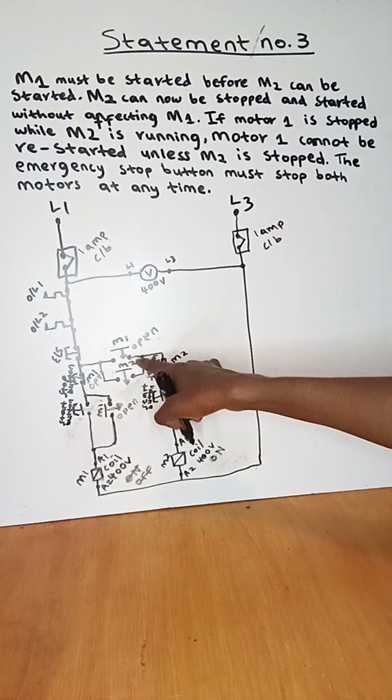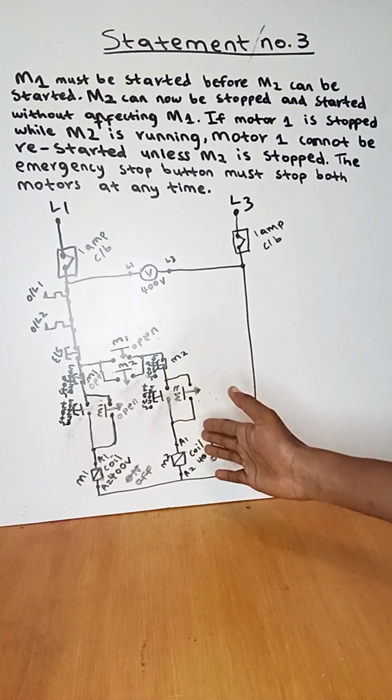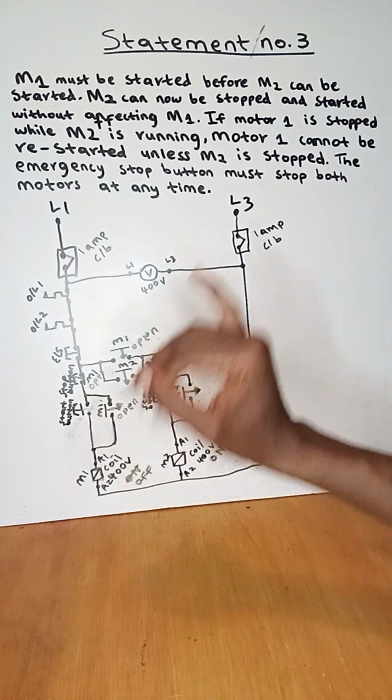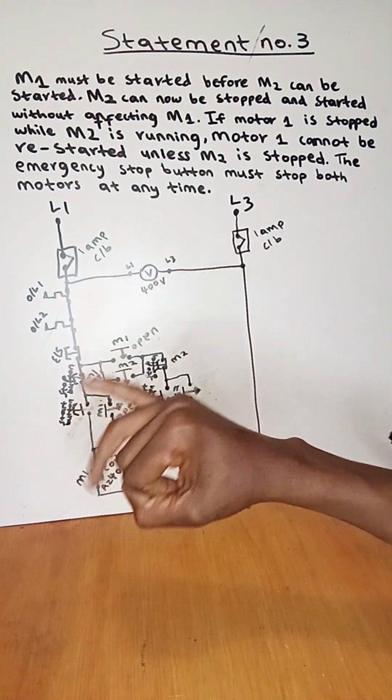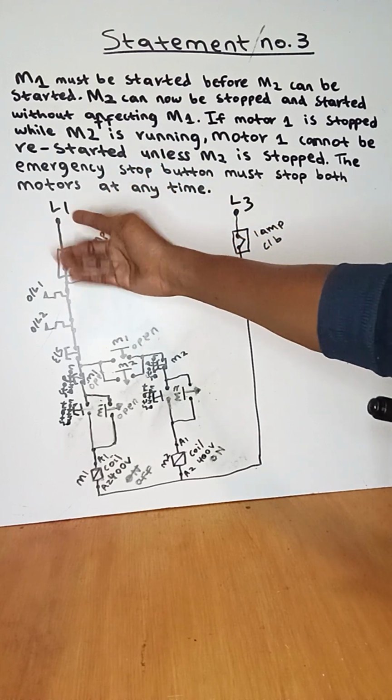But since the coil of motor 1 is off, let's check if it has affected the coil of motor 2 not to get the current from live 1 and live 3. So let's start by checking current from live 1.